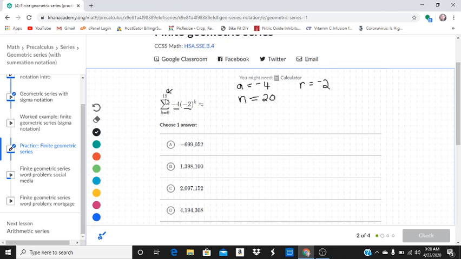But since we're starting at 0, the number of terms is 20. So the sum of 20 terms equals the first term, -4, times 1 minus (-2) raised to the 20th power, divided by 1 minus -2.